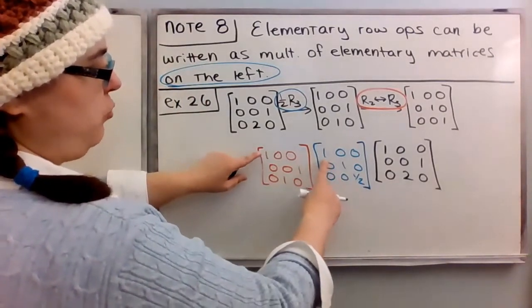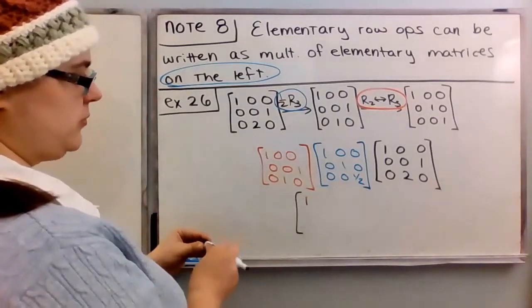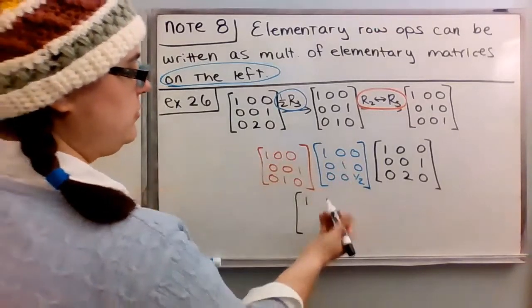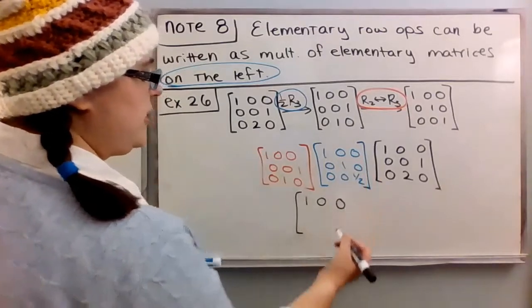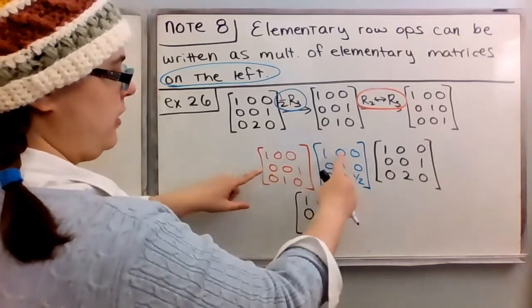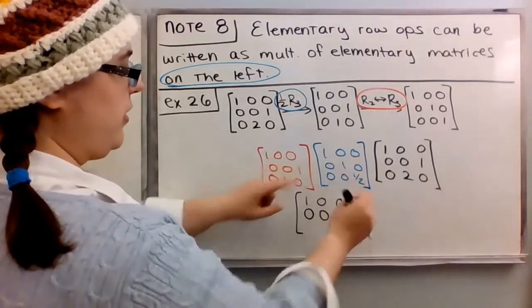So we're going to get 1, 0, 0, which is a 1. Then we have 0, 0, 0, 0, 0, 0. So here we have a 0, 0, 0, 0, 0, 0, 0, 0, a half.